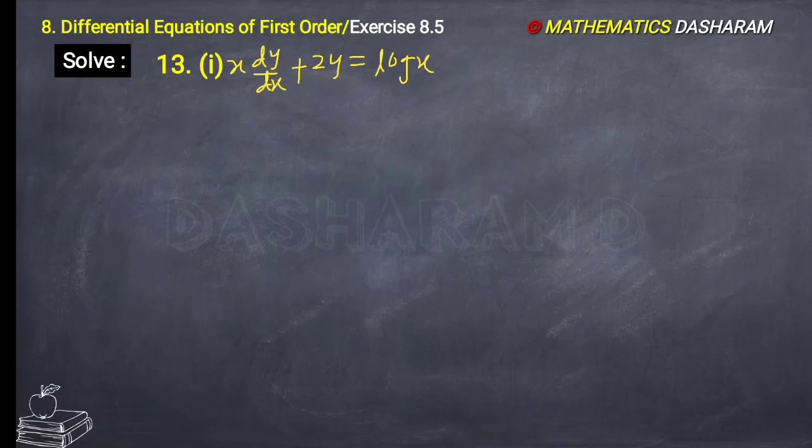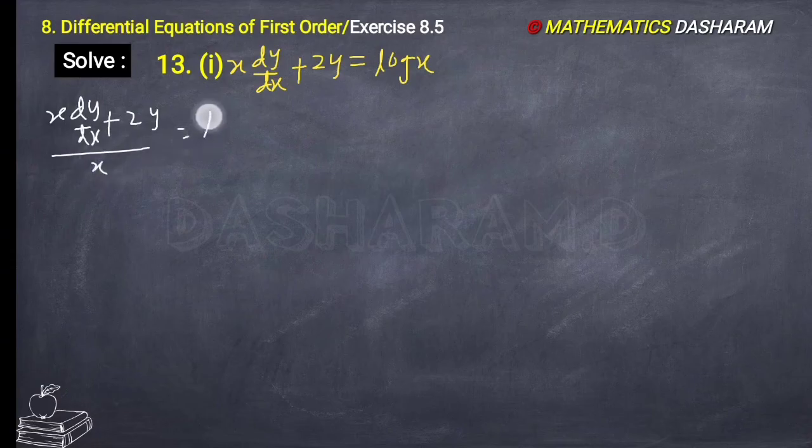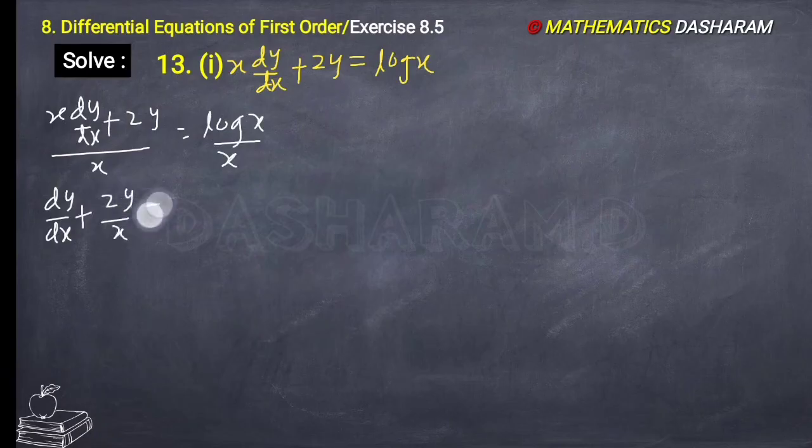13th bit, first problem, x into dy by dx plus 2y equals to log x. So here left side and right side divide with x, log x by x. Now dy by dx plus 2y by x equals to log x by x.